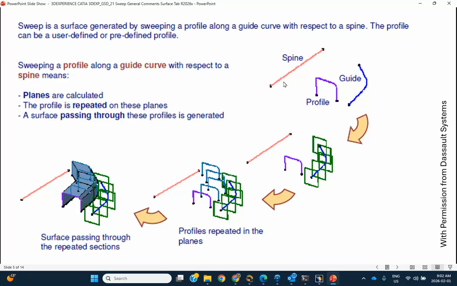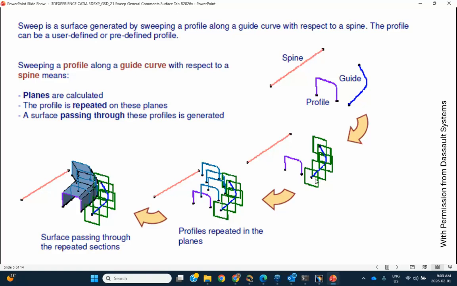The spine is divided into a lot of points. Think about it like that. And at each point, a plane normal to the spine curve is generated. So these green planes that you see here are normal planes to many different points on the spine.